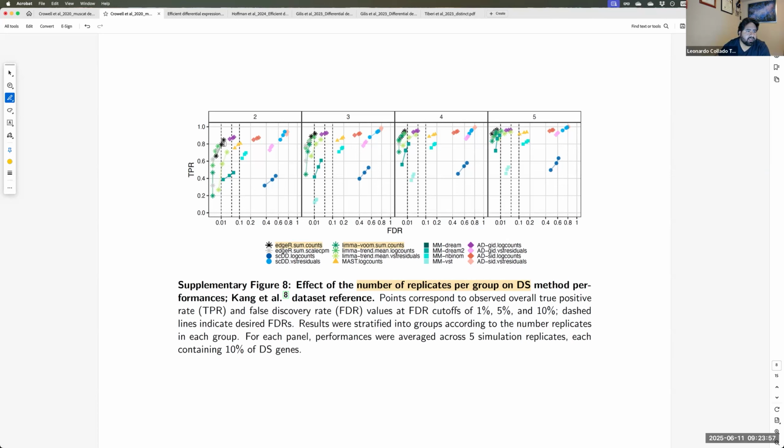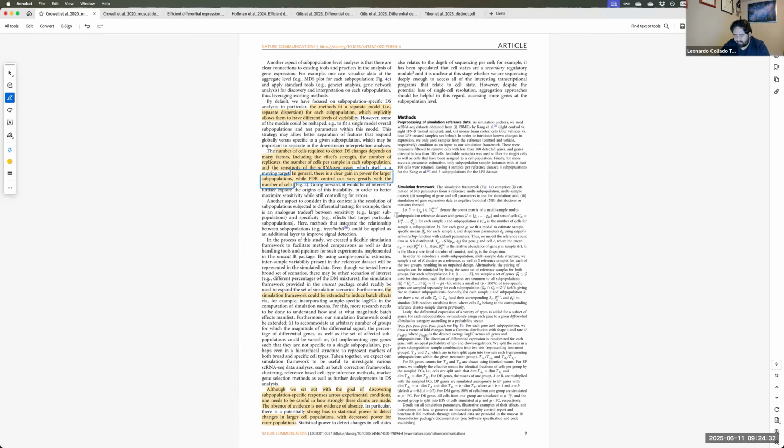But for 2 replicates, you can see the dark green stars are much lower than the black ones. So if you have few replicates, basically if you don't have a lot of data, in terms of replicates or number of cells per cluster or things like that, edgeR seems to be performing better than limma-voom for these scenarios over here.